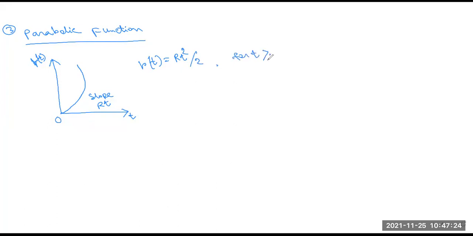So the function is r(t) equals R t squared by 2 when t is greater than or equal to 0, and r(t) is 0 when t is less than 0. This is the parabolic function, r(t) equals R t squared by 2.